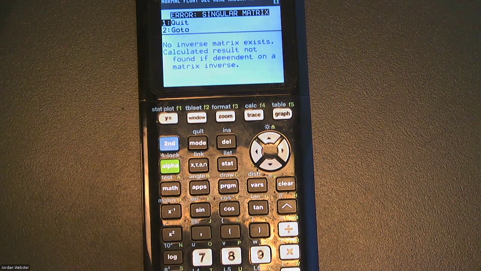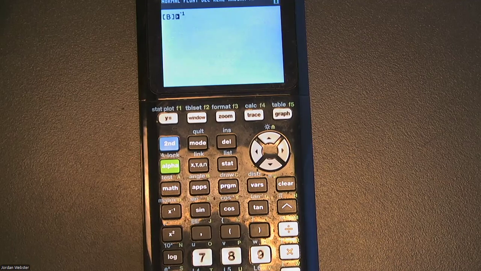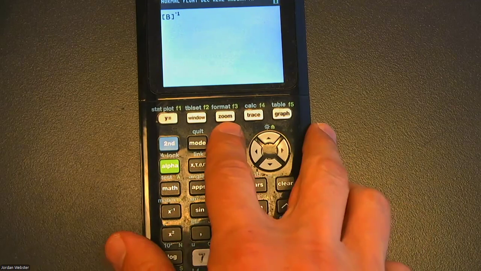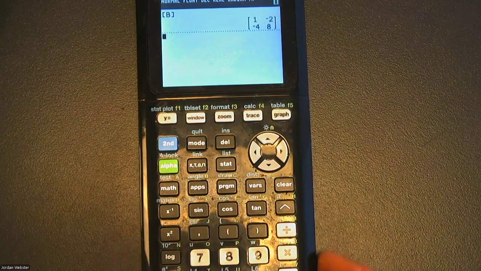It turns out B, this matrix that I just wrote, is a special type of matrix called a singular matrix. And singular matrices are ones that do not have an inverse.